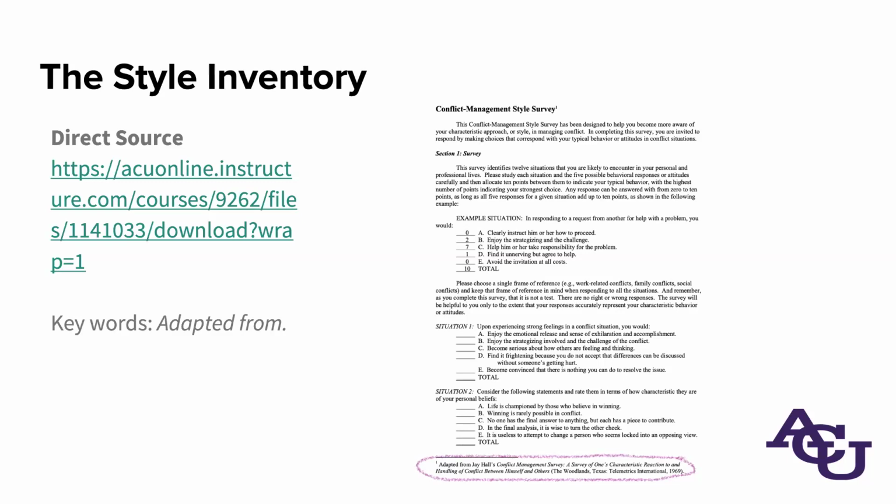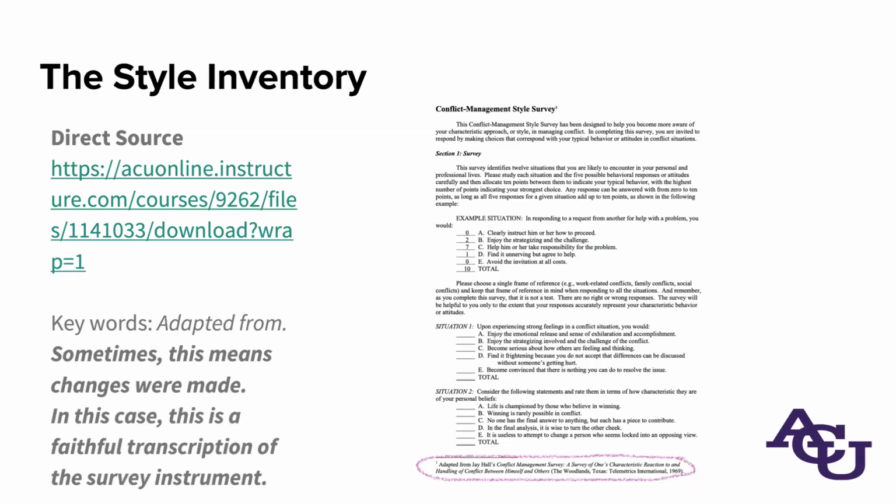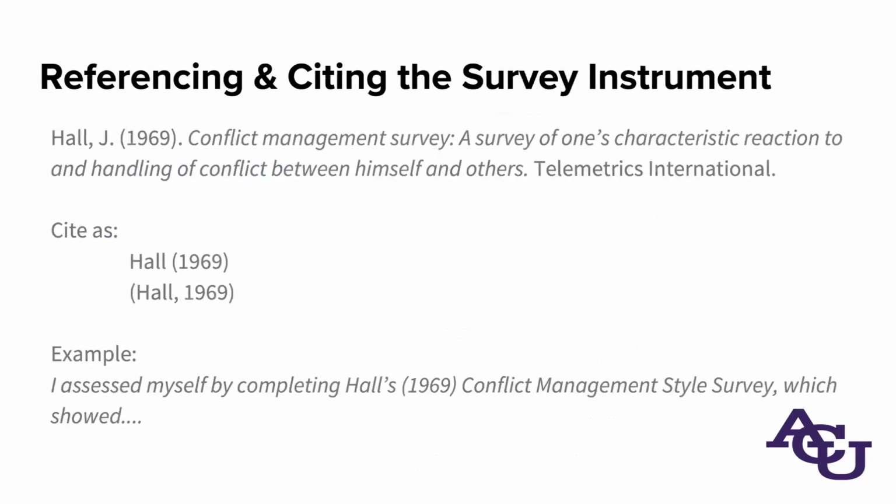And so you cite the original source for it. But, given that this book was printed more than 50 years ago, we're usually going to be reproducing it and adapting it for easy survey administration. So although it is coming from the Blackboard site in your most direct thing, you can cite and reference the original source there. And again, in this case, I checked, it's a faithful transcription of the survey instrument.